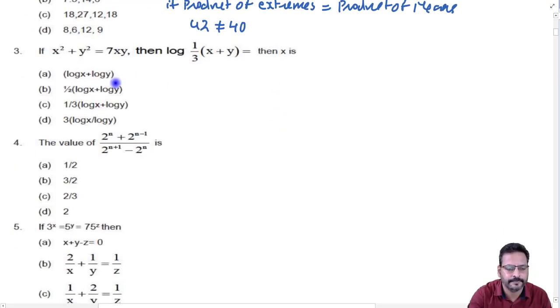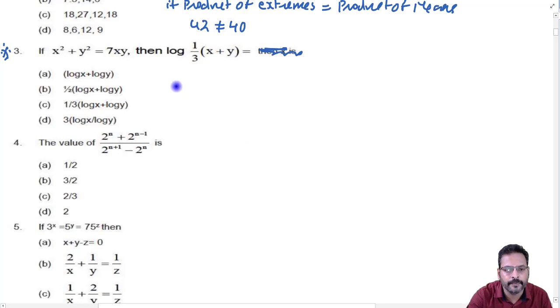Then third question, important question. If x square plus y square equal to 7xy, then log of 1/3 into x plus y is equal to. Okay. Find the value of log of 1/3 x plus y.